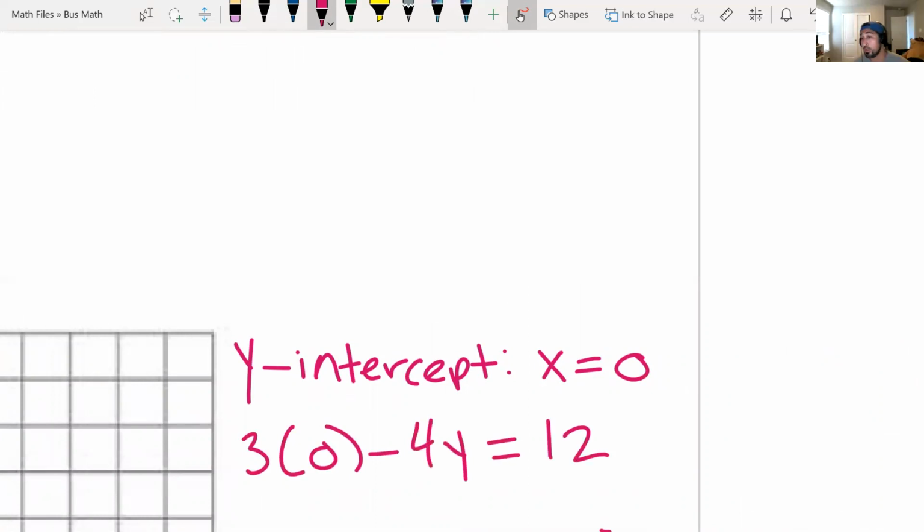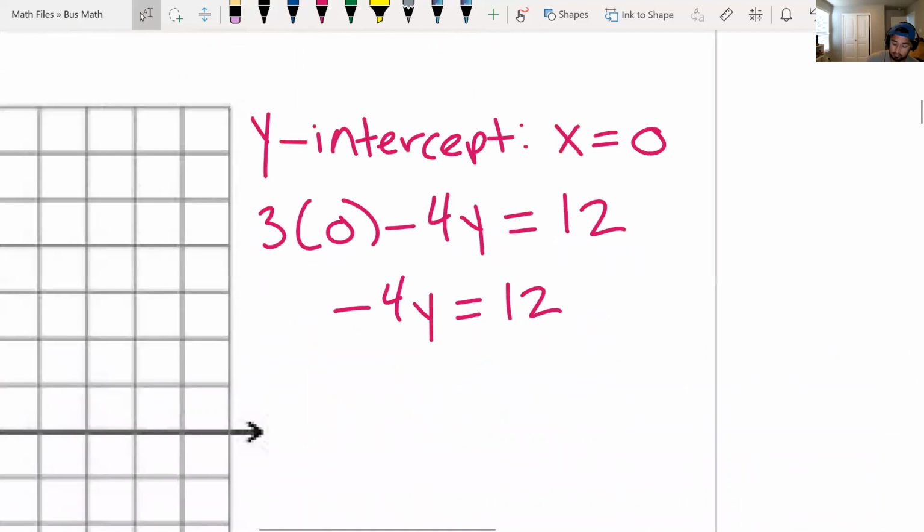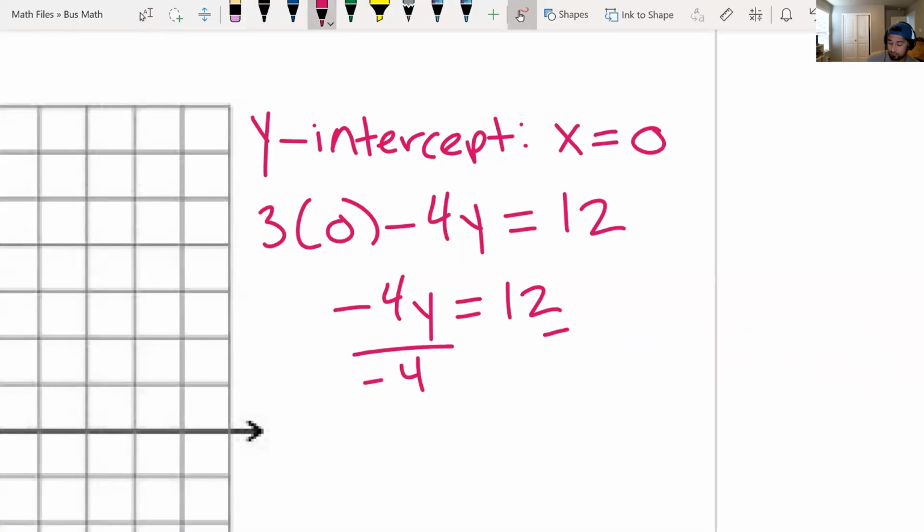So we plug 0 into the equation. This will leave me with negative 4y equal to 12. Divide by negative 4, and y equals negative 3.